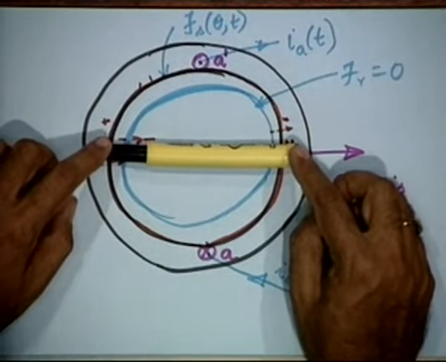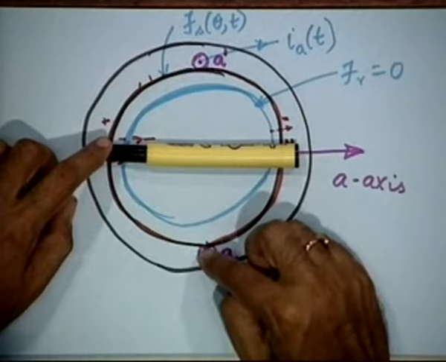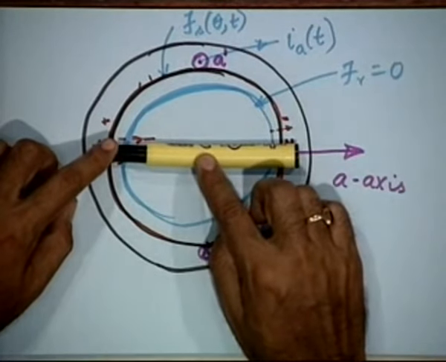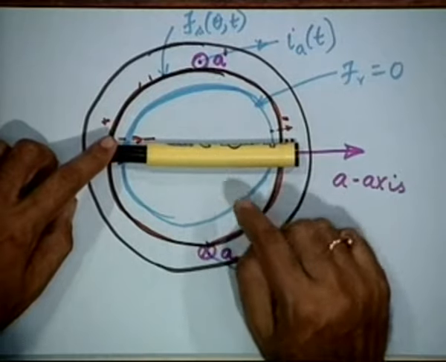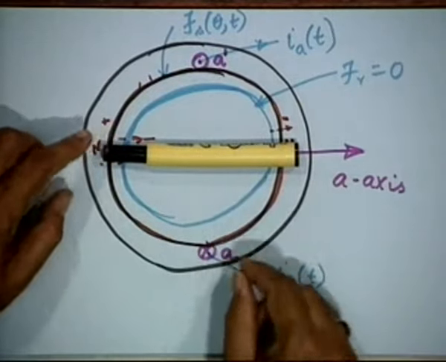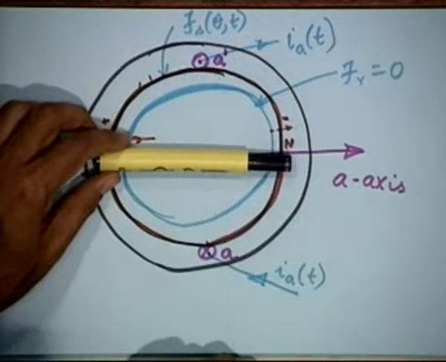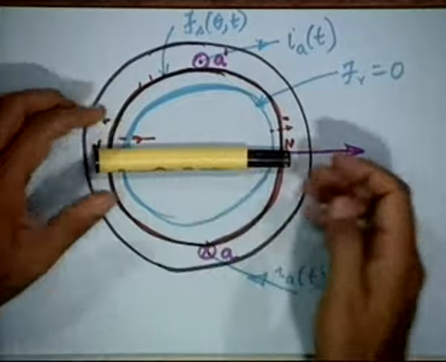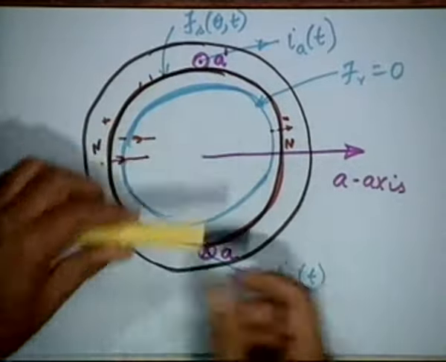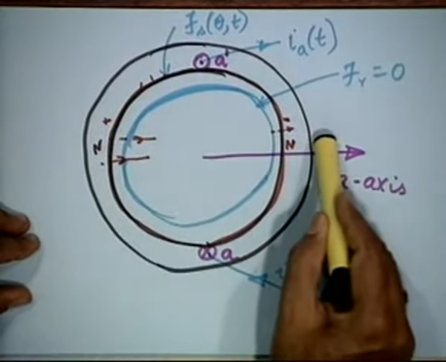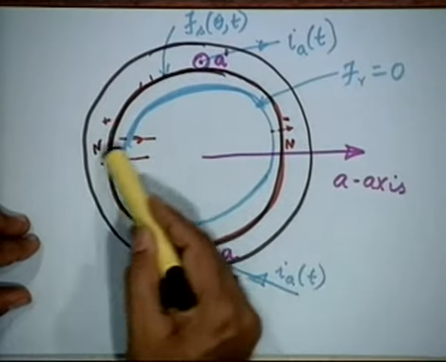And if it goes through zero current in the cycle, it will have zero strength, as if the magnet is not there. Now, if it reverses direction, then if this is north pole and this is south pole, it will become like this, right. So, it is possible that the flux direction will also change. One time flux may be going from this to this, and at another time flux may be going from this to this.